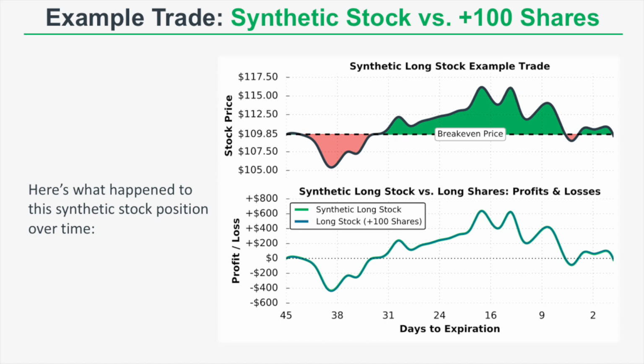As we can see, these lines are right on top of each other, which means that the profit and loss of the synthetic stock position and the actual stock position are identical to one another. So, as the name suggests, a synthetic long stock position replicates actually owning 100 shares of stock per synthetic. Here we can see that the option prices are very efficient, and using this option strategy properly replicates the risk and reward of buying 100 shares of stock.